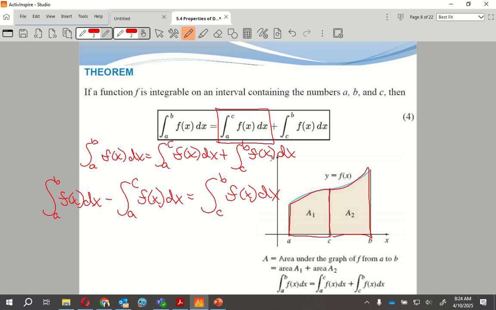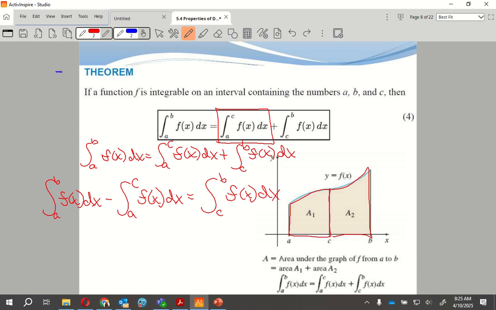Is that the same? Is that still true? No? Okay, let's. I didn't see the minus sign. I didn't see the rest of it.